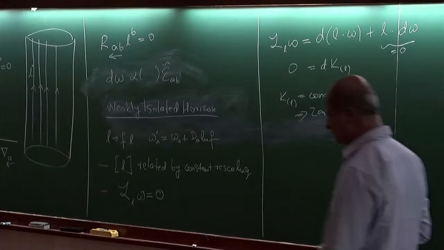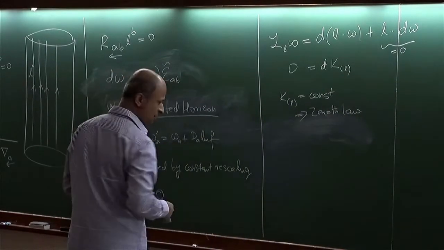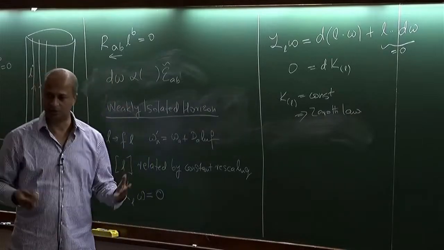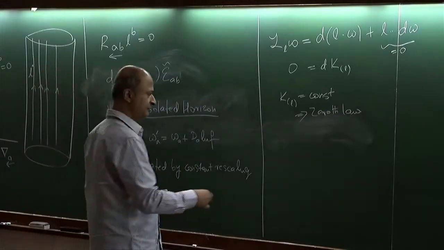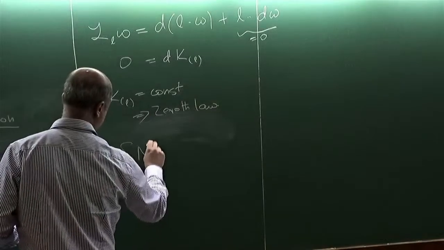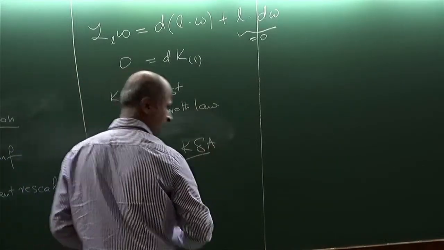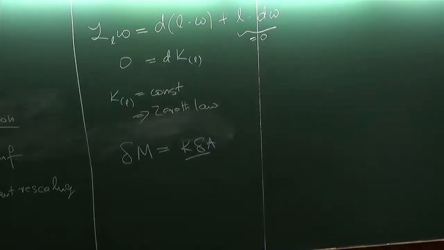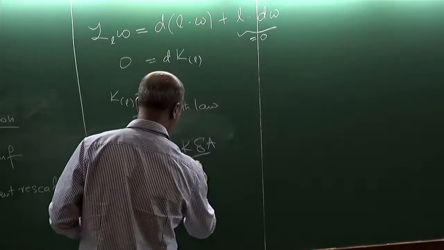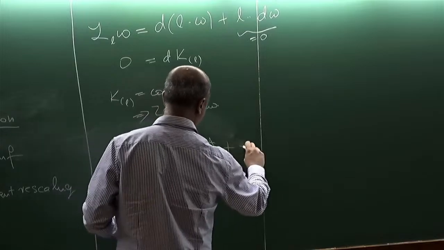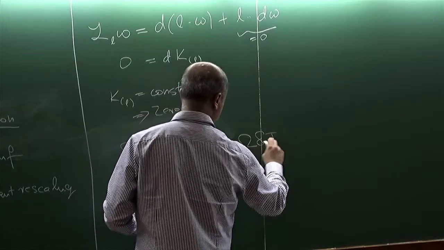Now you might be aware from other studies in your GR courses that the standard first law for black hole mechanics is the following. If I have a mass, then that is κ δA upon 8π.